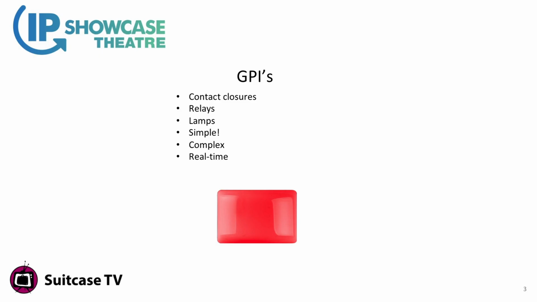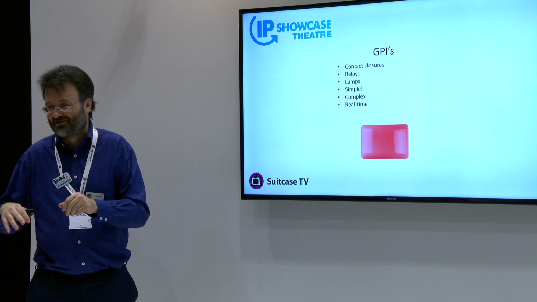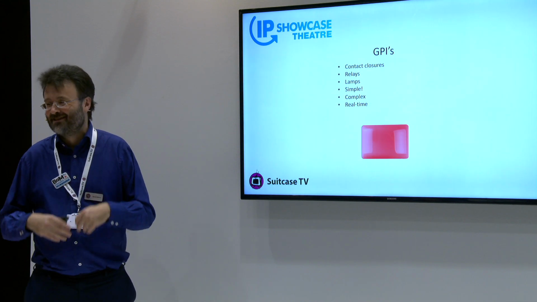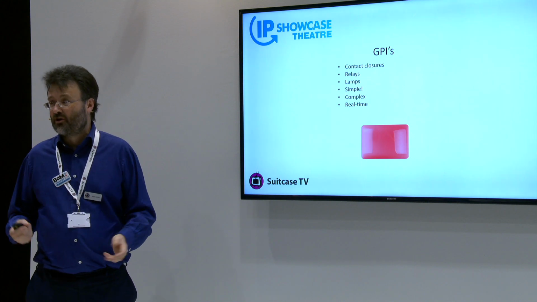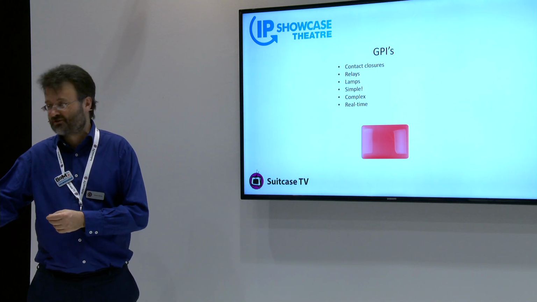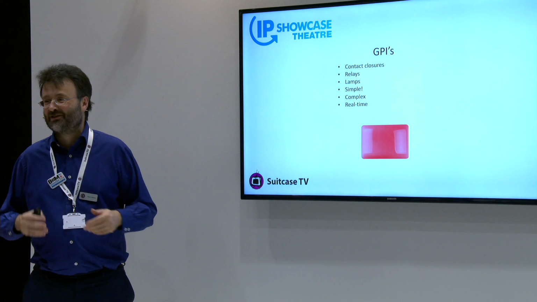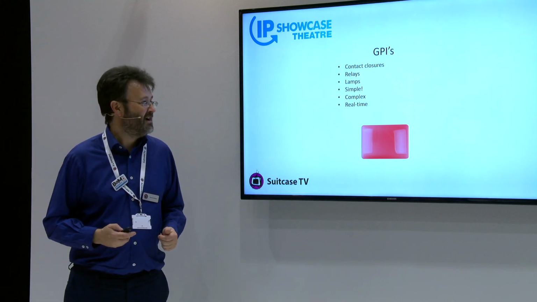So, GPIs, contact closures, relays, lamps. We always think of them as being quite simple, but actually we can build quite complex systems from this. And I'm always being dragged back to the simple side of this by the people who know better, but we need to find a way of hooking together that lot, but with the IP and the software world. And the software world, as we know, can be quite complex.